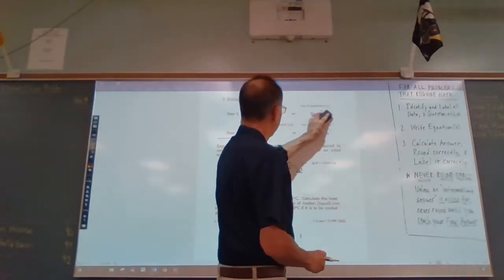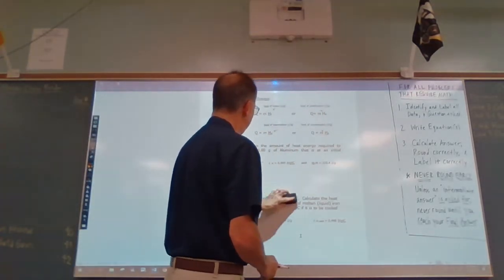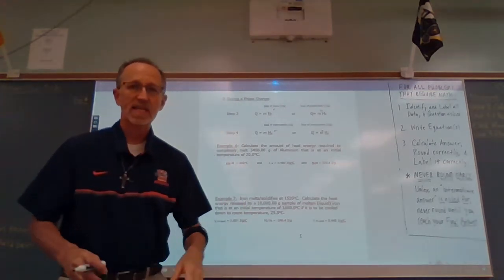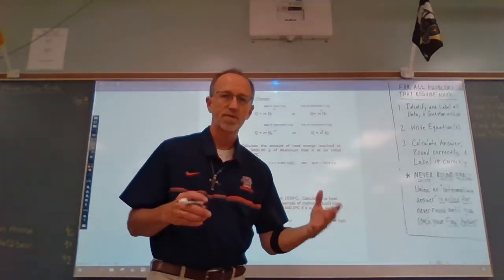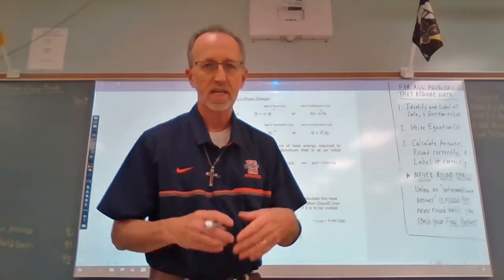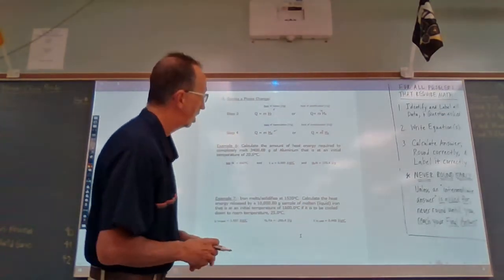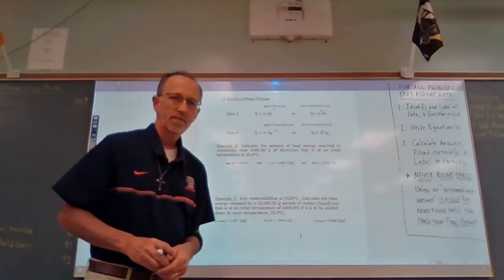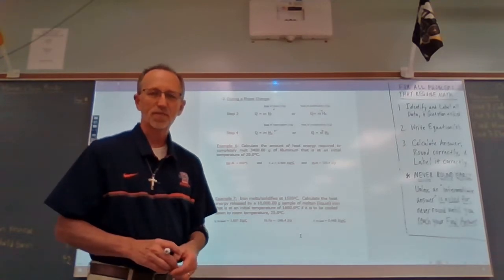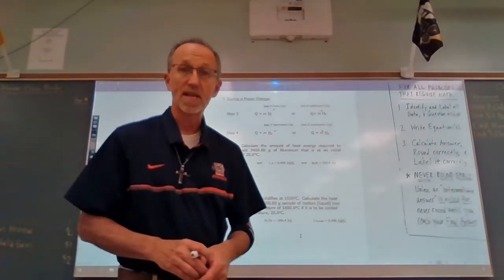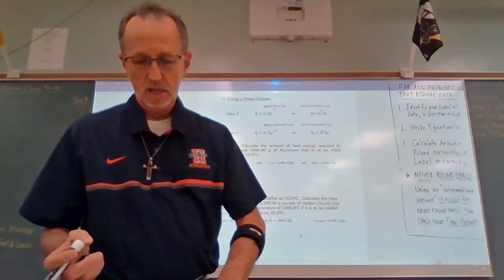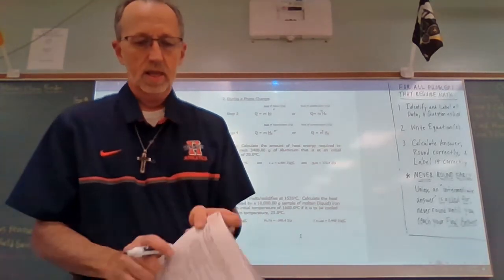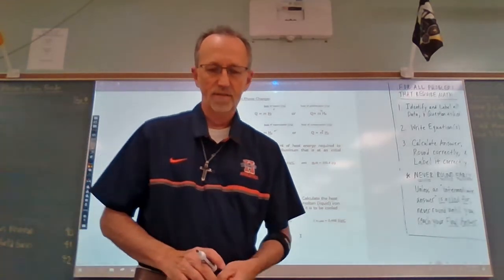And so we're just using the phase change equation, which is Q equals M times the heat of something. Could be heat of fusion, heat of vaporization, heat of condensation, heat of solidification. The subscript letter is different for all of those, but it's the same equation. So we'll use that during any of our phase changes.